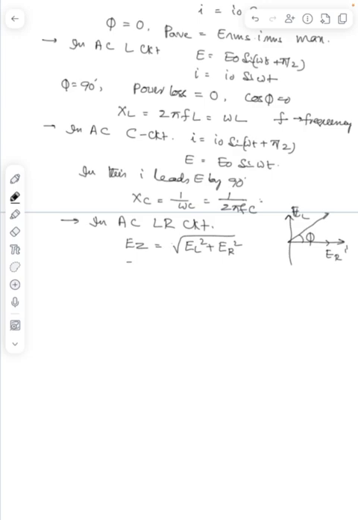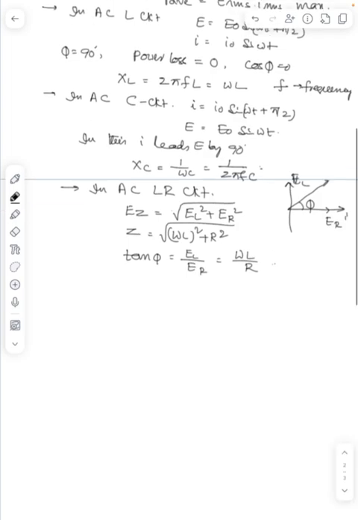This is phi. And impedance Z equal to root of omega L whole square plus R square, and tan phi equal to E L by E R or omega L by R. Here voltage leads current by phi radians.